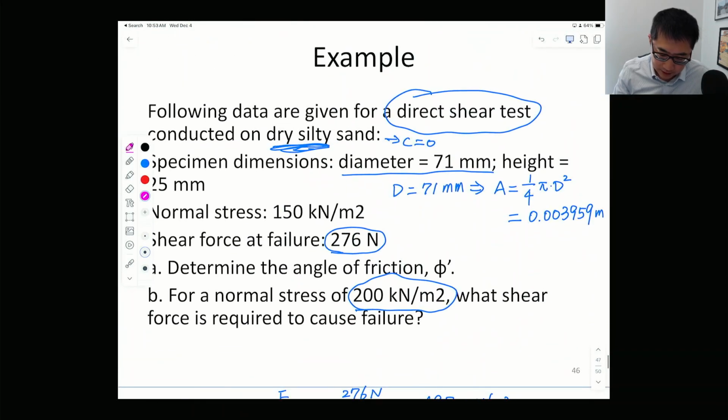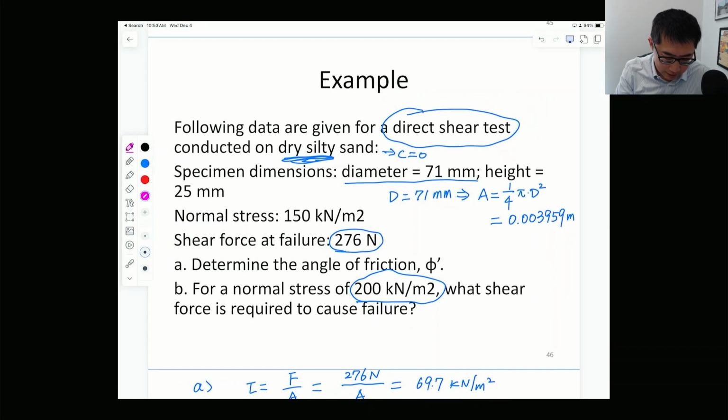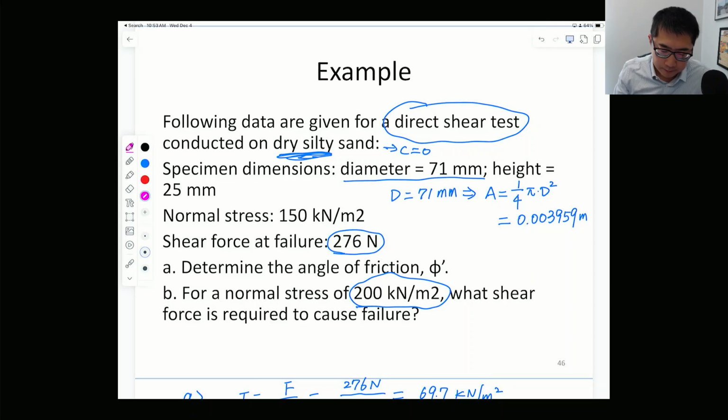This one we actually practiced a little bit in our lab. Basically, you need to understand how to process the data that you get from a direct shear test. The principle of the direct shear test is very, very simple, but you need to understand how you are able to construct the failure envelope using the direct shear test results.